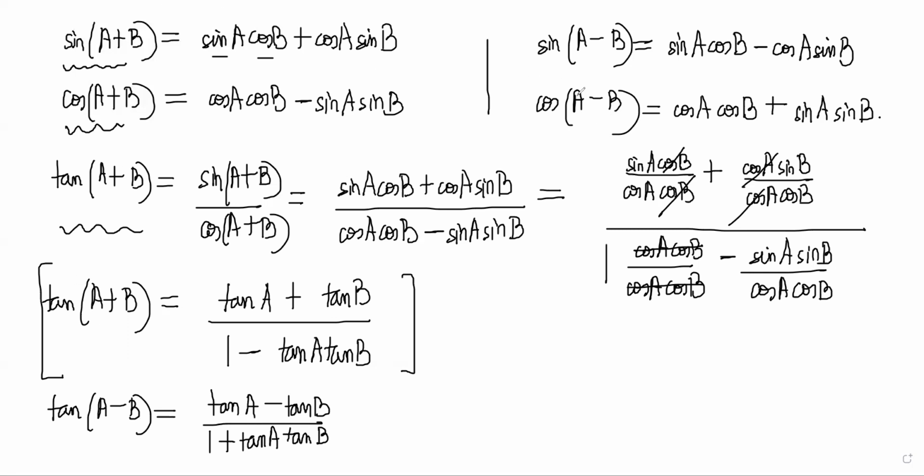All of these formulas should be remembered, but ideally you don't have to remember them in one shot. You can remember the basic ones and see how to derive the rest.